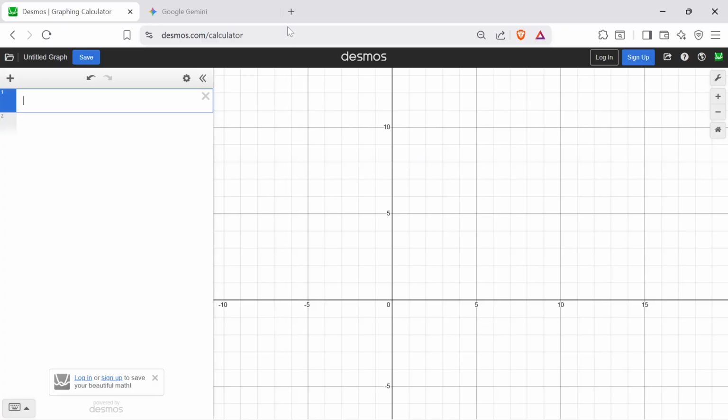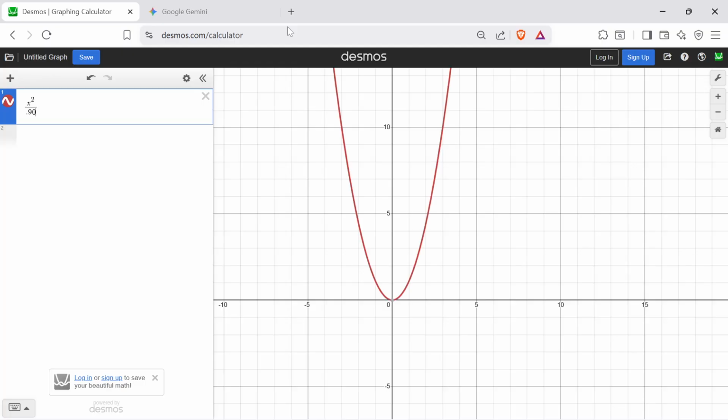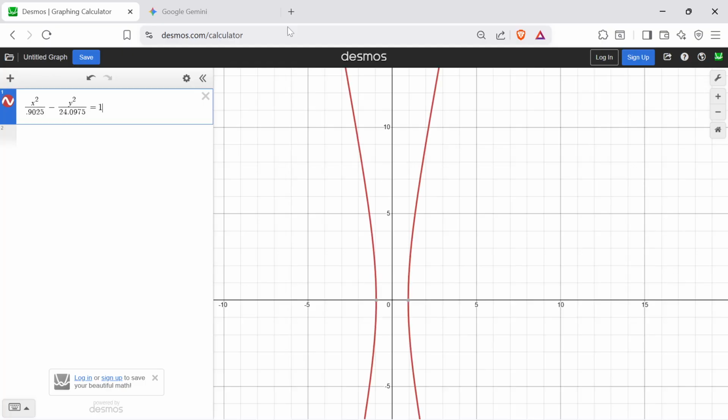So this is x squared divided by 0.9025 minus y squared divided by 24.0975 equals 1.